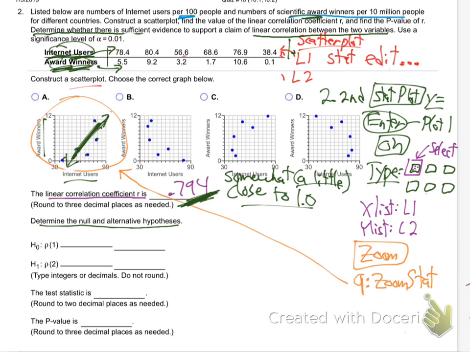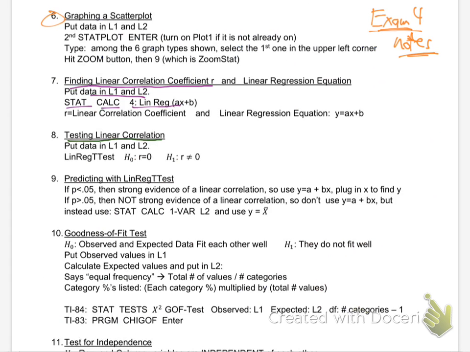But then here comes the official test, the hypothesis test. What does it tell us to do? Put the data in L1, L2. Already got that. Linear regression t-test. Your null is R equals 0. That's no linear relationship. And then the alternative is R not equals 0.